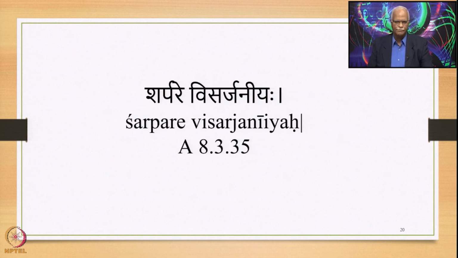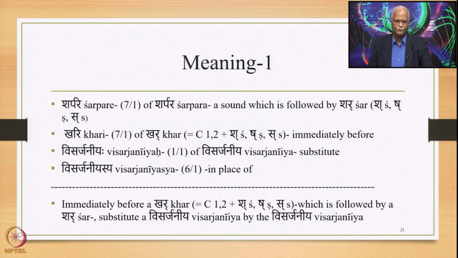Now let us study the second sutra, Sharpare Visarjaniyaha, 8335. This sutra has got two padas, Sharpare and Visarjaniyaha, and the words continued are Khari and Visarjaniyasya. Sharpare is 7/1 of Sharpara, which means a sound which is followed by Shar.